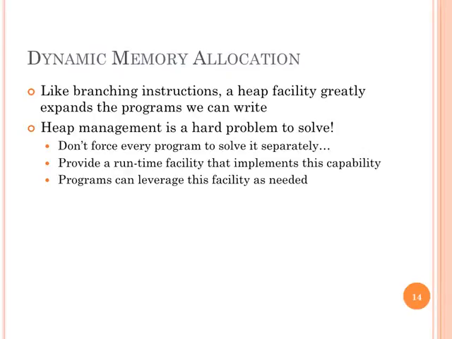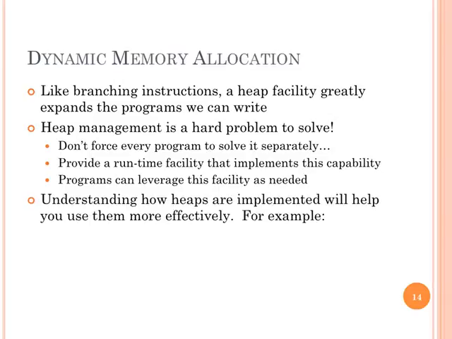We don't want other programs to have to solve it all the time by themselves. So providing a general facility where some intelligent person has thought about how to solve the problem, all the programs that you run on that system will now benefit from it. So you can see why we'd like somebody to solve that problem for us, and then everybody will benefit from that clever thought put into implementing it.